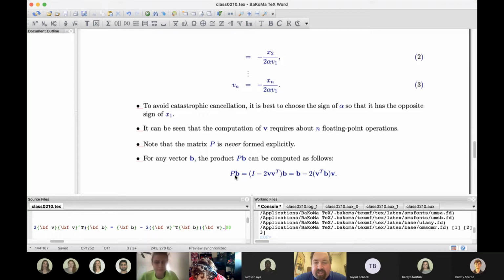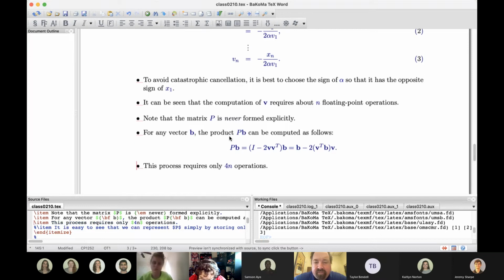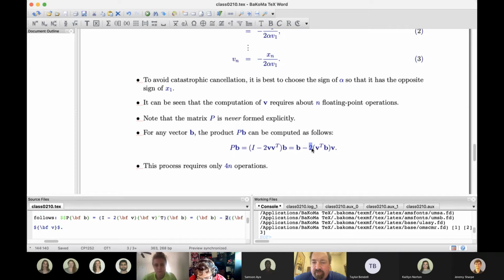A matrix-vector multiplication is generally order n squared operations, but this process requires only about 4n operations, because the inner product takes roughly 2n. Then you multiply that by each element of v, and the 2 can be folded in, and then subtract off from b. So 2n, n, n, 4n total.